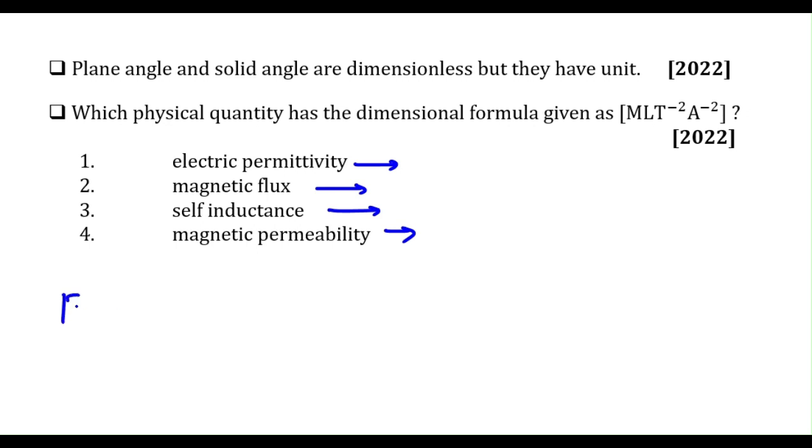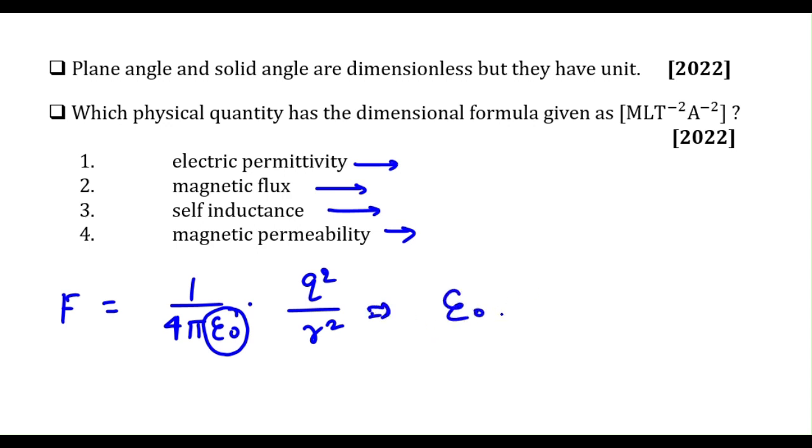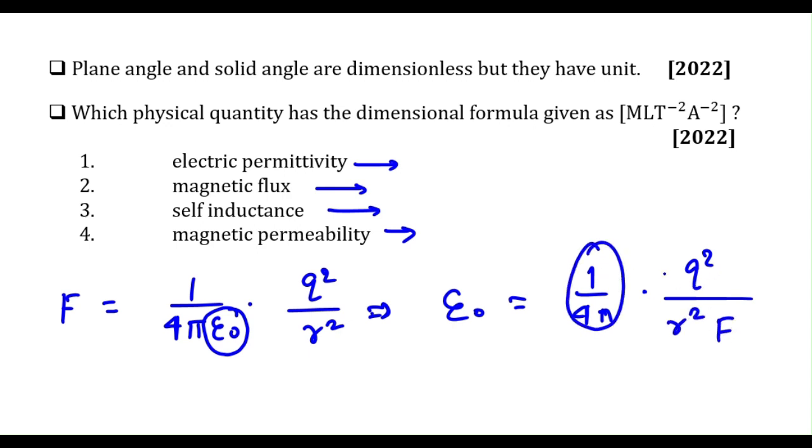For example, electrostatic force: F equals 1 by 4 pi epsilon naught times q1 q2, let's say q square by r square. So we can write epsilon naught equals 1 by 4 pi times q square by r square into F. Now 4 pi is dimensionless, so we have to worry about these three things.